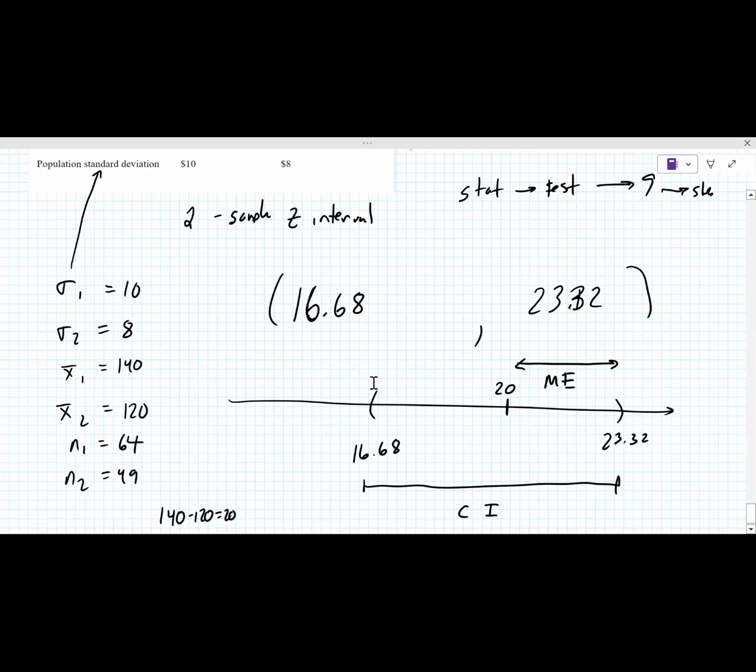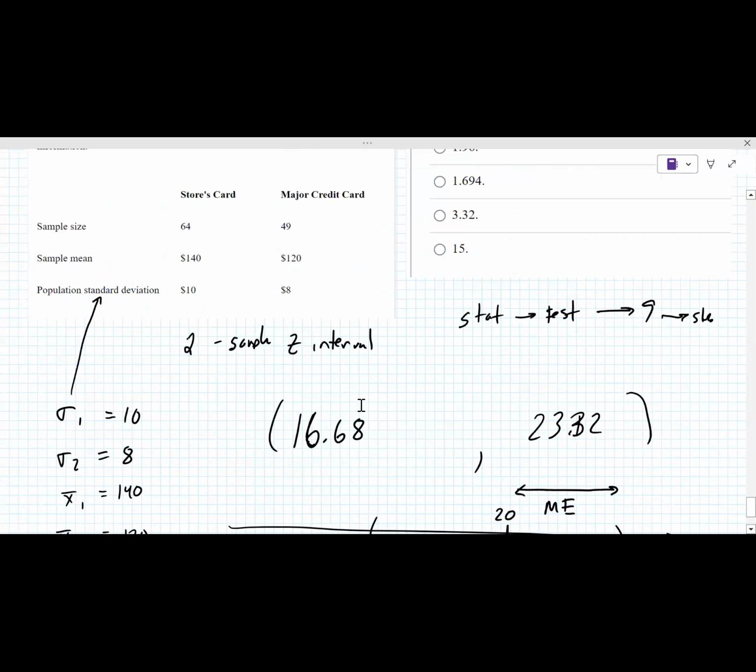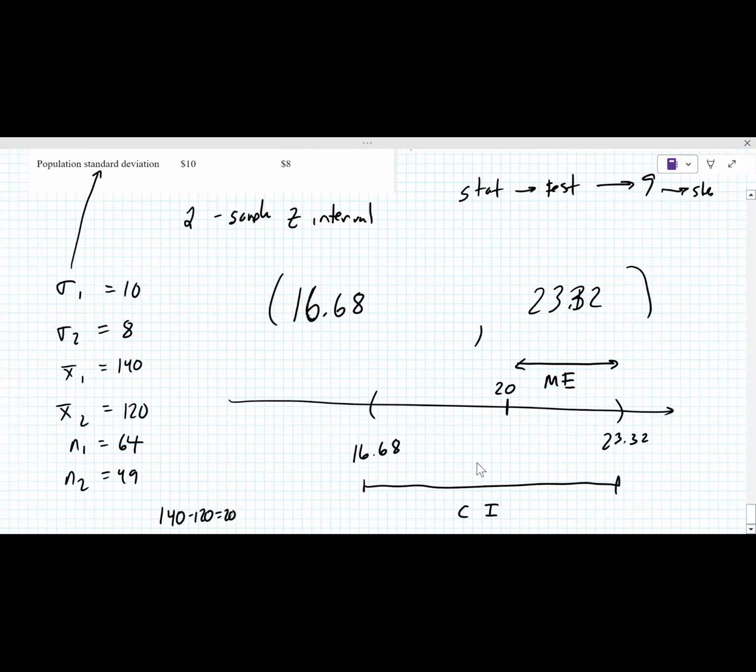That's why I'm jumping through some hoops here to figure it out. So it is 3.32. All right. Okay, got that one.